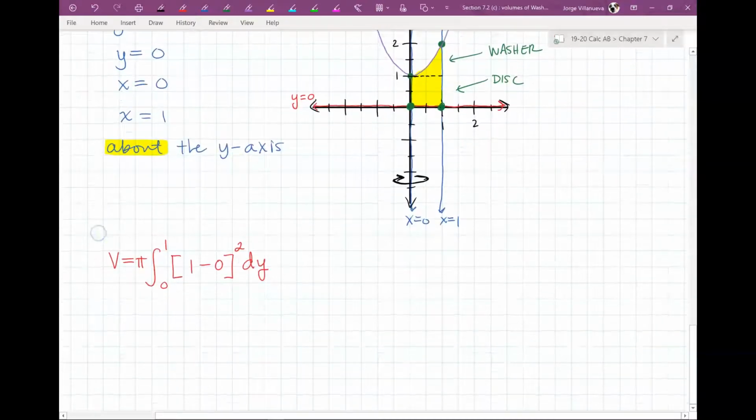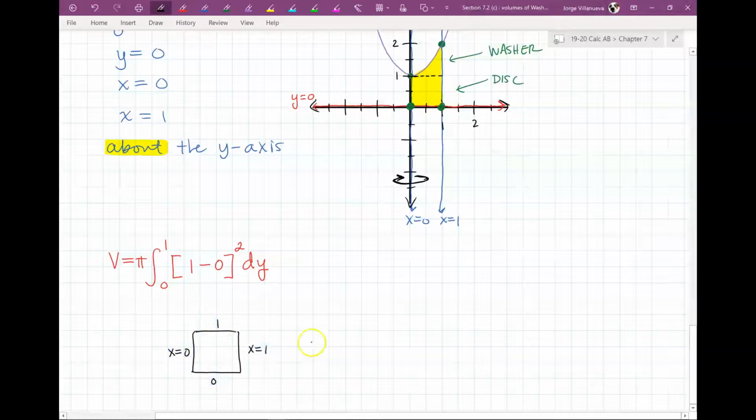If you're not sure what I'm doing here, all I'm doing is piecing together. For the first one, it's just a box. The right side function is x equals 1. The left side function is x equals 0. And we're going from 0 to 1.